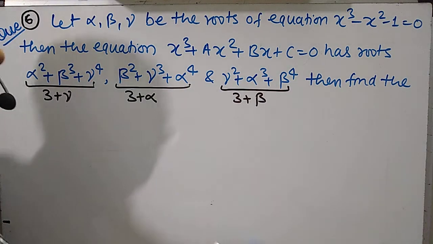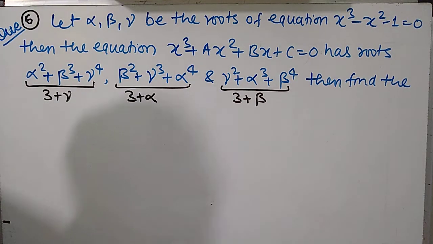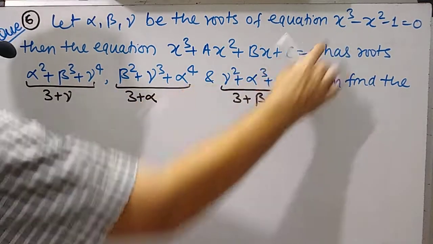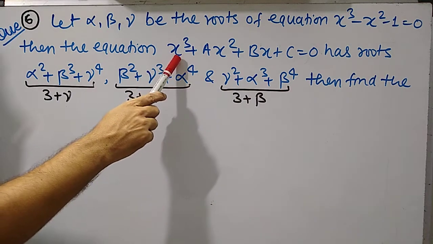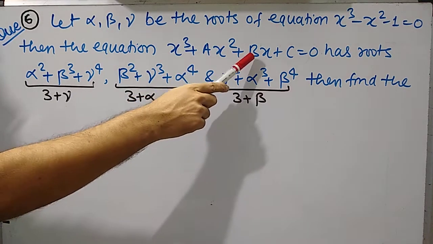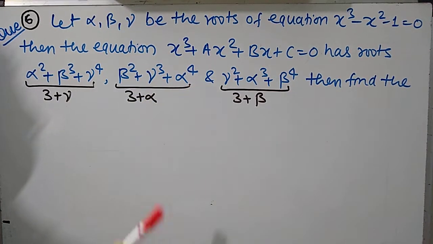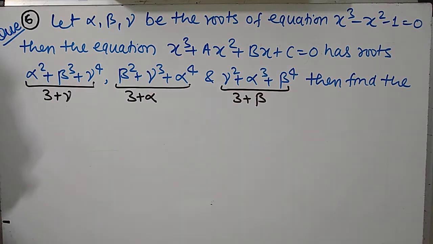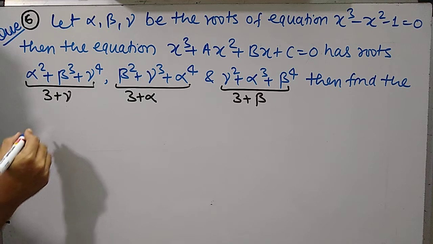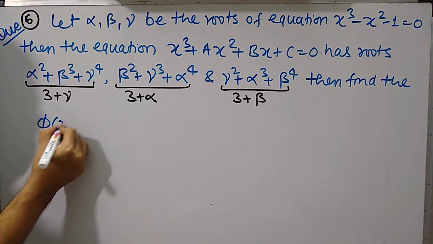So now this question becomes: alpha, beta, gamma are the roots of equation x cube minus x square minus 1 equal to 0. Then the equation x cube plus ax square plus bx plus c equal to 0 has roots 3 plus gamma, 3 plus alpha and 3 plus beta. So what is the function of x?